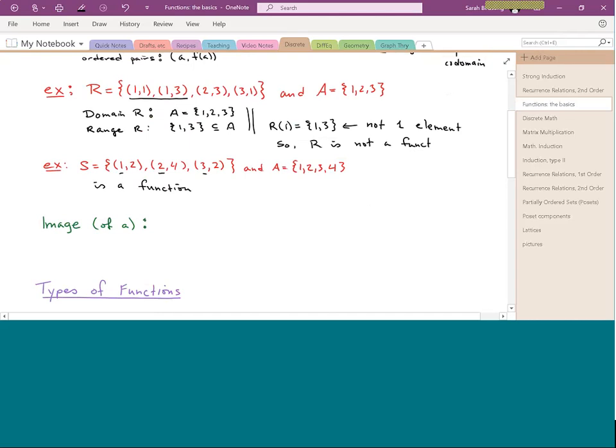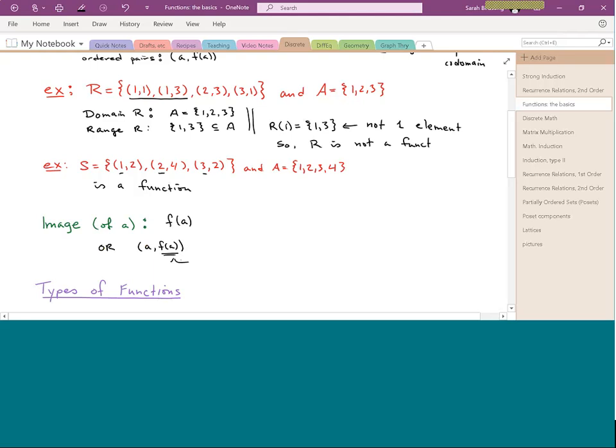To be really, really lazy, the image of A is simply you plug A into your function, and you get back whatever the function tells you. So it's like the range, but only when you plug in the value of A. Or if you're looking inside of your ordered pairs, the image of A is going to be that second position.